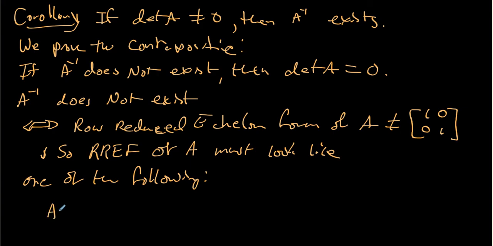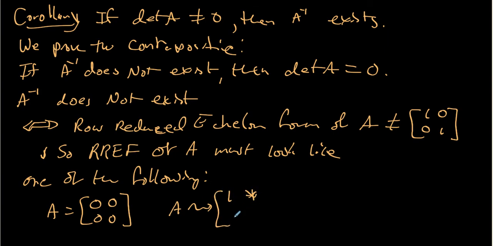Well, the first one is A itself could actually be the 0 matrix, and there's no row reduction. The second one is that A row reduces down to something that looks like a 1 upstairs, and then I don't know what's in that particular entry, but the bottom row is 2 zeros.